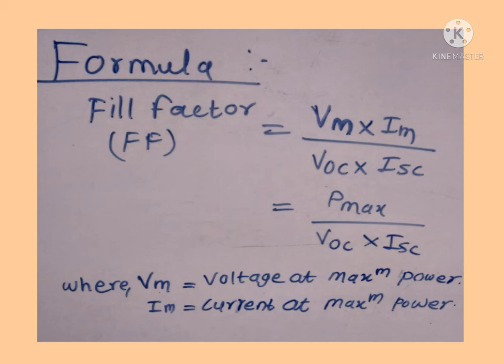Fill factor is given by the formula Vm into Im divided by VOC into ISC, which is equal to Pmax divided by ISC into VOC, where ISC is the short circuit current, VOC is the open circuit voltage, Vm and Im are the voltage at maximum power and current at maximum power respectively.